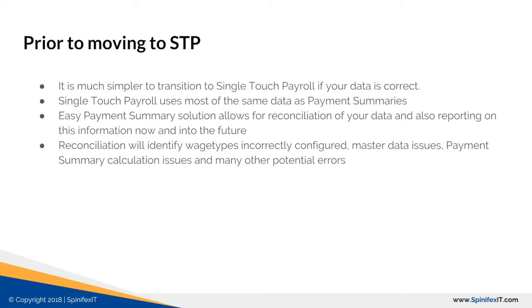So even our existing solution of easy payment summaries is still a valid product to do those checks and balances around master data, around wage type configuration, even using easy payment summaries right now to do your reconciliation of payroll results, so that you're confident that your data's right, your configuration is good, your payroll results are all in sync and are reconciling correctly, so that you know that you're in a good place to then transition over to the new configuration.